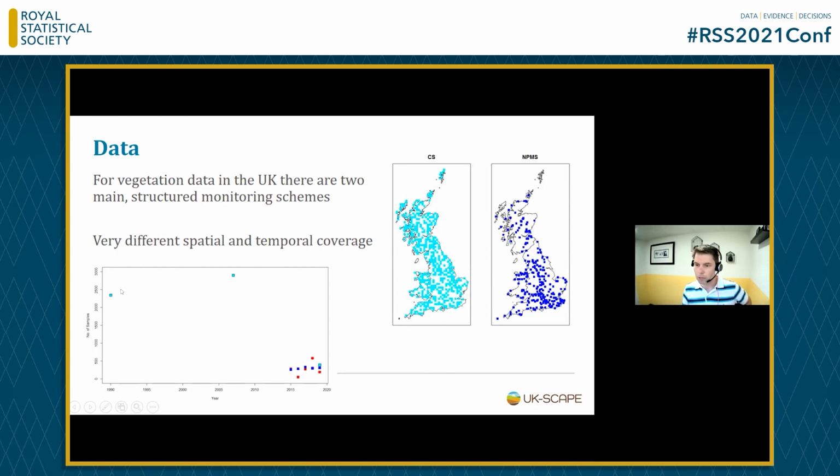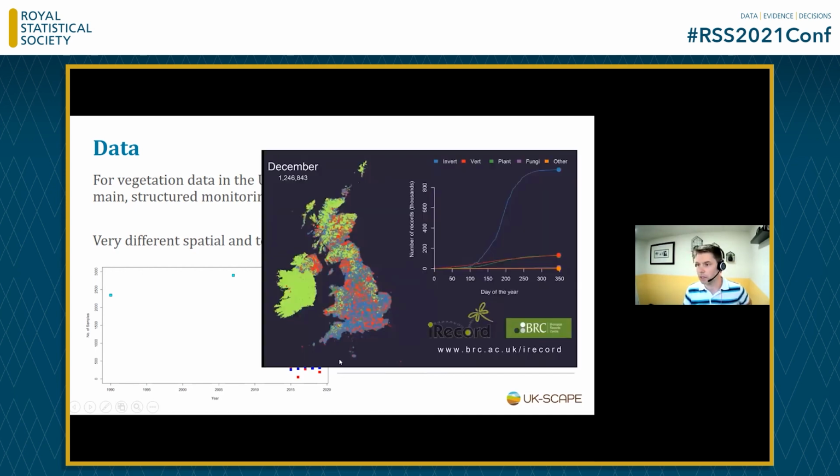However, temporally, the Countryside Survey was done back in 1990, and in 2007 it started being done more recently, but intermittently because it's a big effort. Whereas the National Plant Monitoring Scheme is a citizen science survey, which is why there's unevenness in the design, and it's been done quite often since 2015, hence the plots I showed you initially.